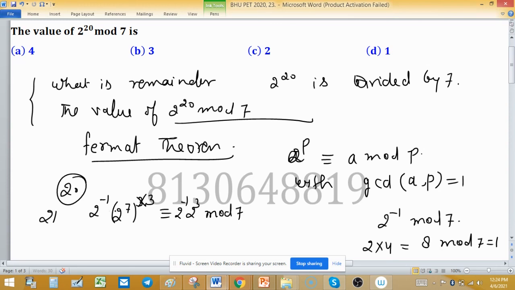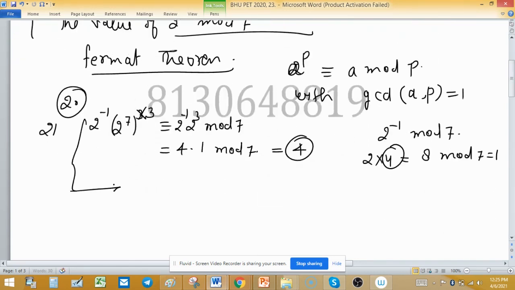So 2 inverse is 4, and 2 cube is 1 mod 7, so the value of this one is 4.